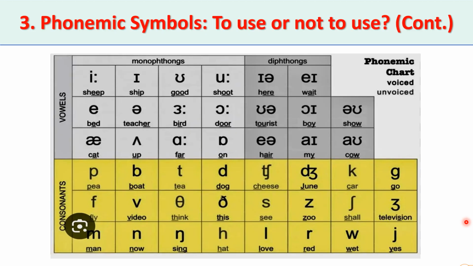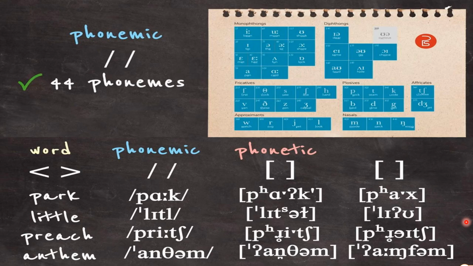Move to the next slide, please. There are 44 phonemes in the chart. Phonemes come in pairs, slightly different but creating the sound. For example, "park": in phonemic form it is p, a, k.